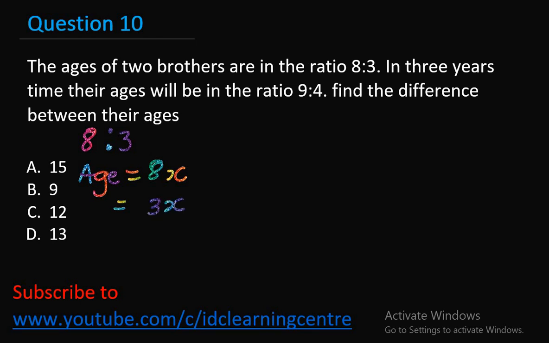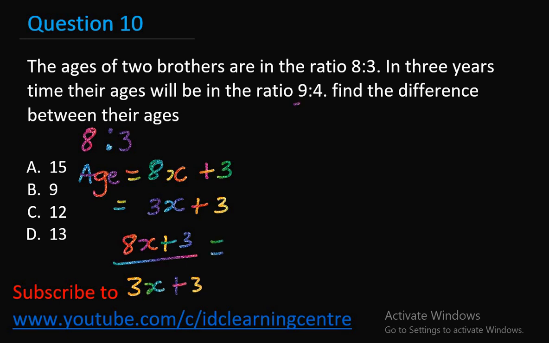The question says in 3 years' time, their ages will be in this ratio. So in 3 years' time, the first will be 8x plus 3 and the second will be 3x plus 3. Ratio means to divide. So 8x plus 3, the age of the first, divided by the age of the second, 3x plus 3, is equal to 9:4, meaning 9/4.